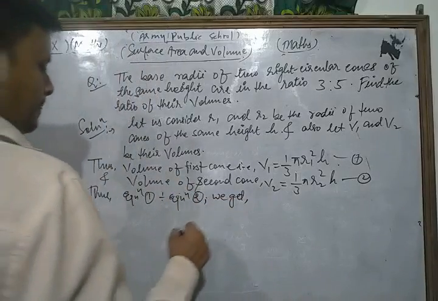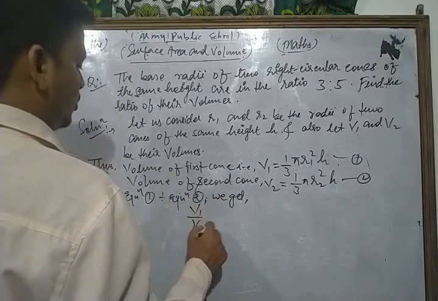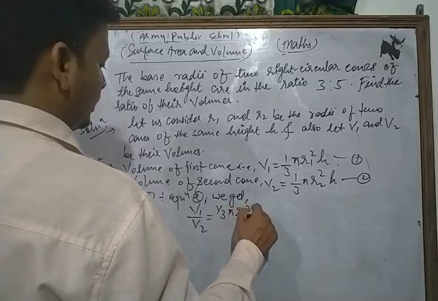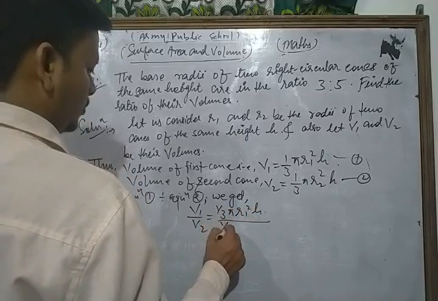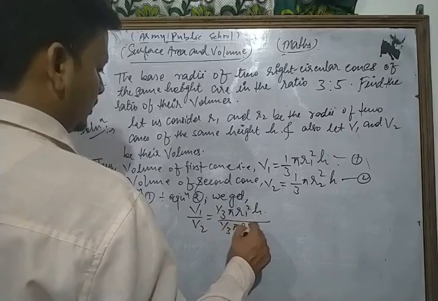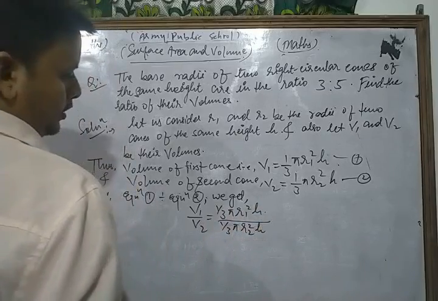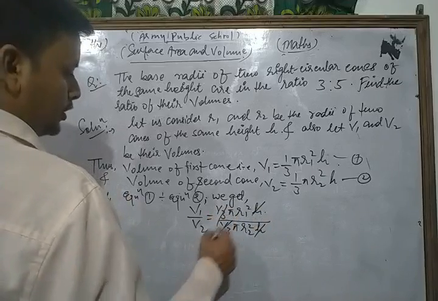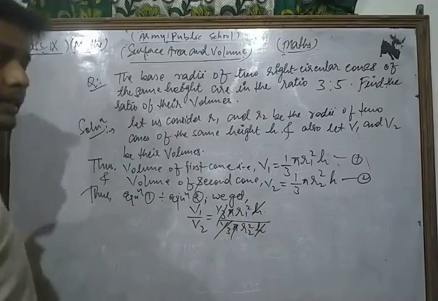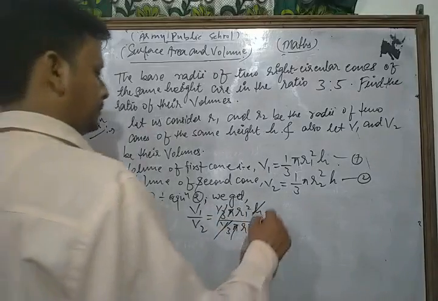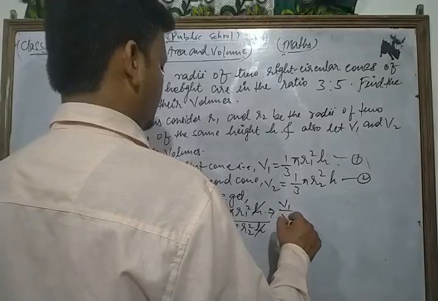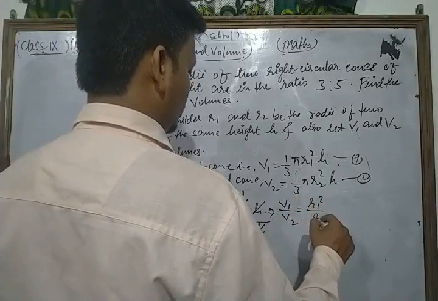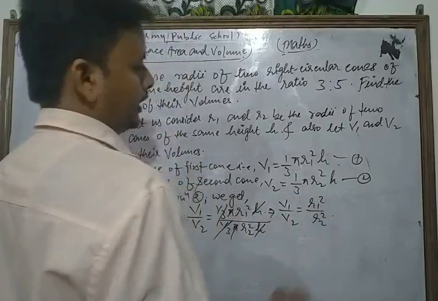We get V1 upon V2 is equal to 1 upon 3 pi r1 square into h upon 1 upon 3 pi r2 square into h. Now look, h cancels, 1 by 3 cancels, pi also cancels, so we get V1 upon V2 is equal to r1 square upon r2 square.